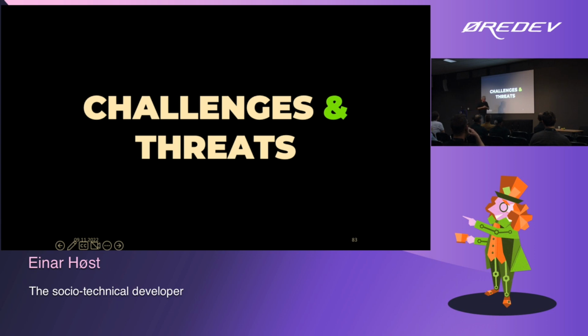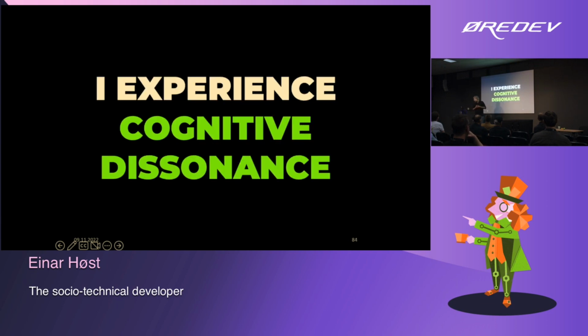Now, what happens if these stories that I tell about myself are threatened in some way, that something happens that brings these narratives into doubt? Well, what's going to happen is I'm going to experience what's known as cognitive dissonance, because inside my head now I have two stories about myself. And that can be very unpleasant.